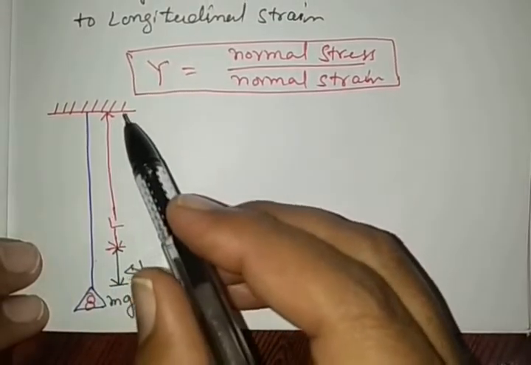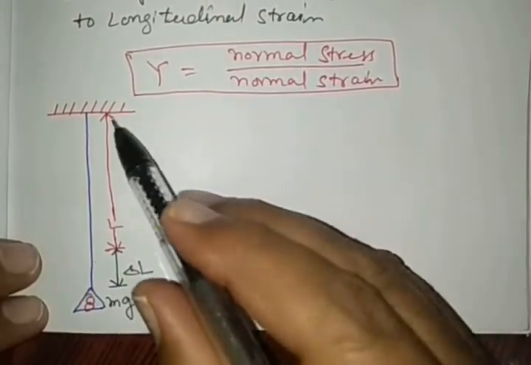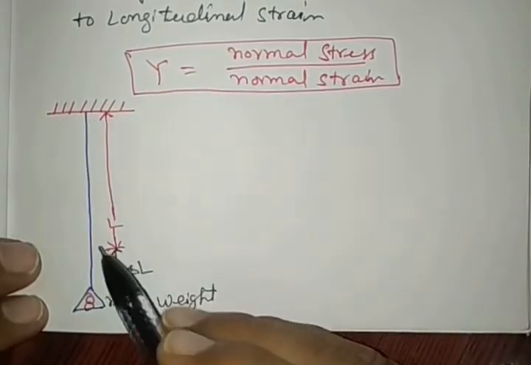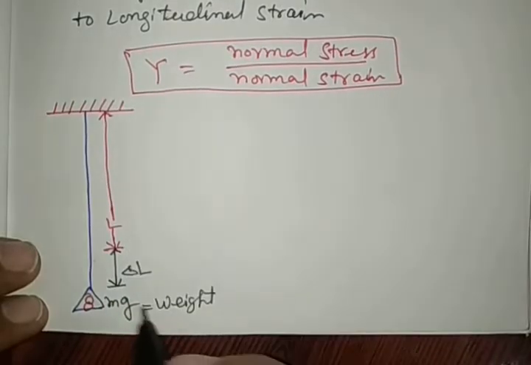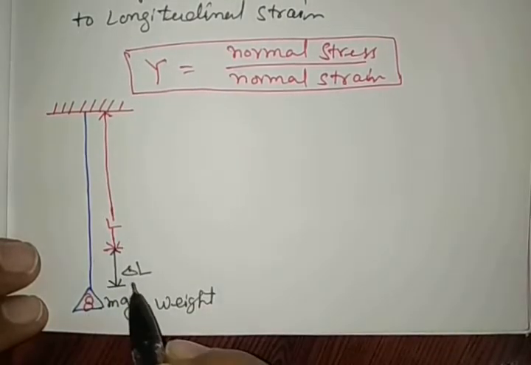Now see, this Young's modulus is related here to elongation produced in wire. Let capital L denote the original length of wire when weight mg is suspended.